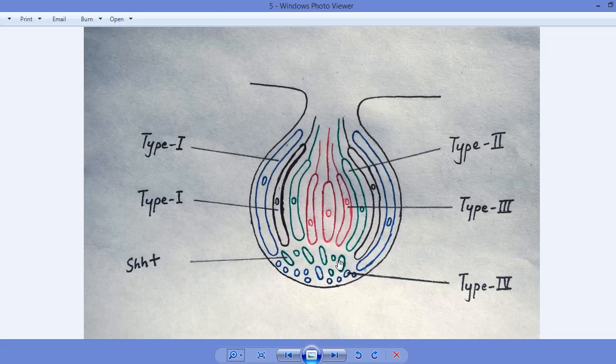All those cells which are going to be differentiated contain the hedgehog signaling protein. Due to the presence of hedgehog signaling protein, these cells are called the hedgehog signaling cells, and these are the precursors of type 1, type 2, and type 3 cells.